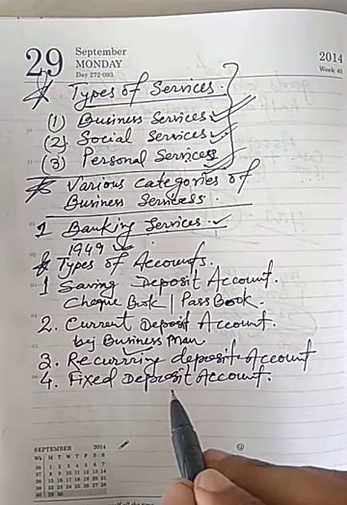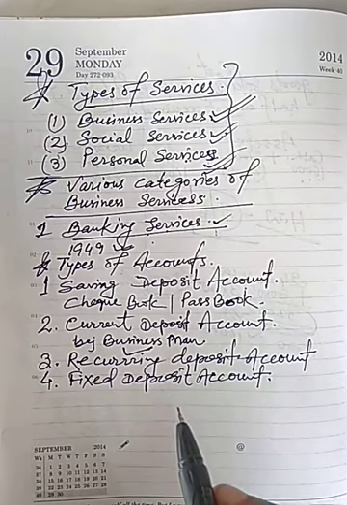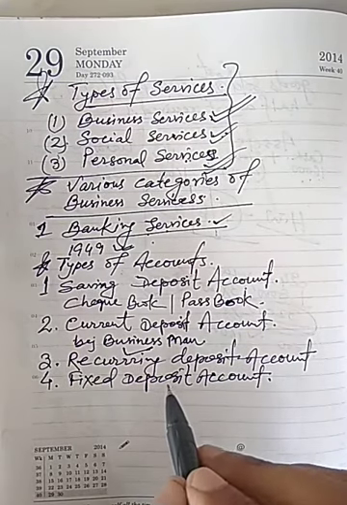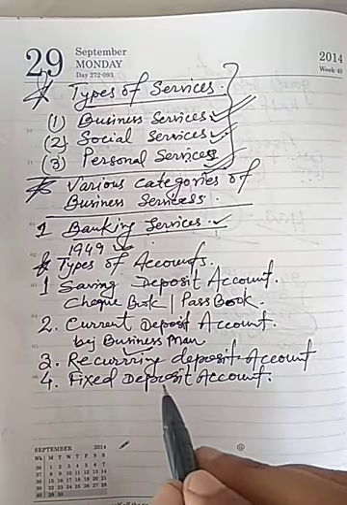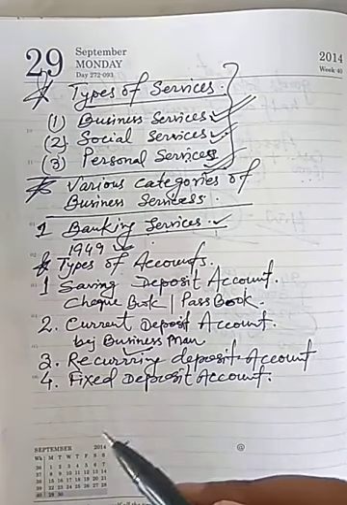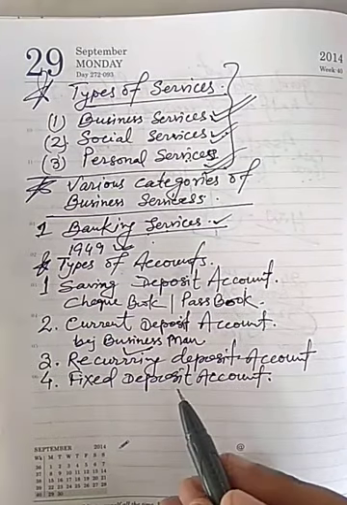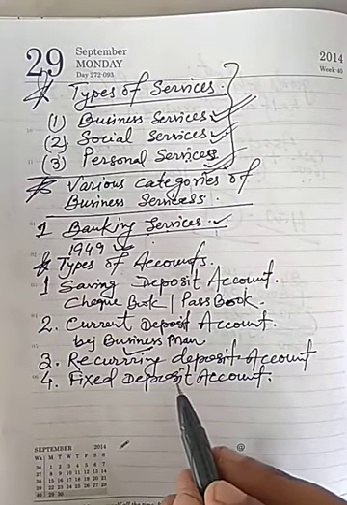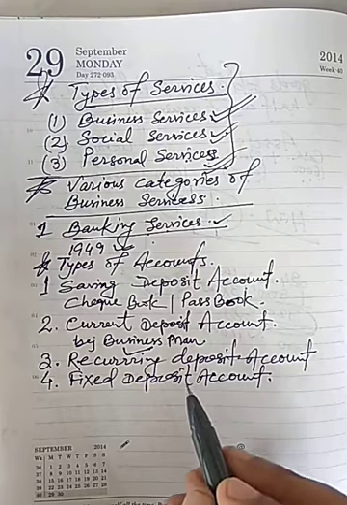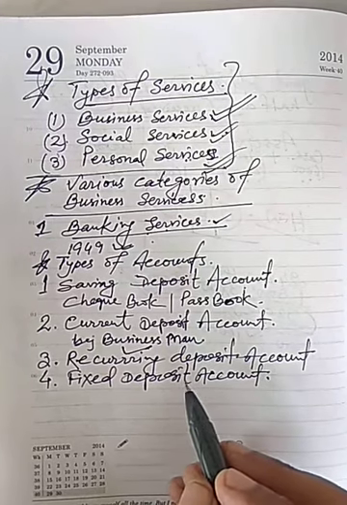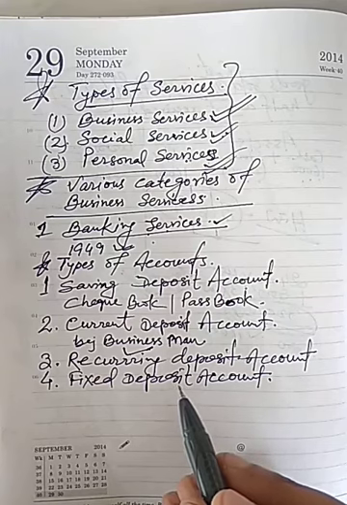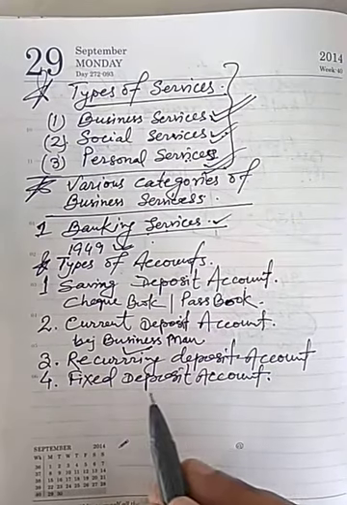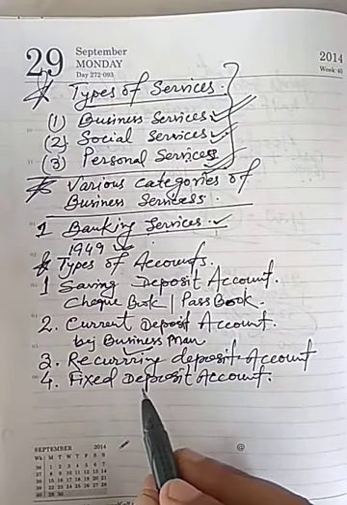The longer the period of deposit, the higher is the rate of interest. The banks issue a receipt to the depositor acknowledging the receipt, called fixed deposit receipt. The rate of interest in FD, that means fixed deposit, is highest.